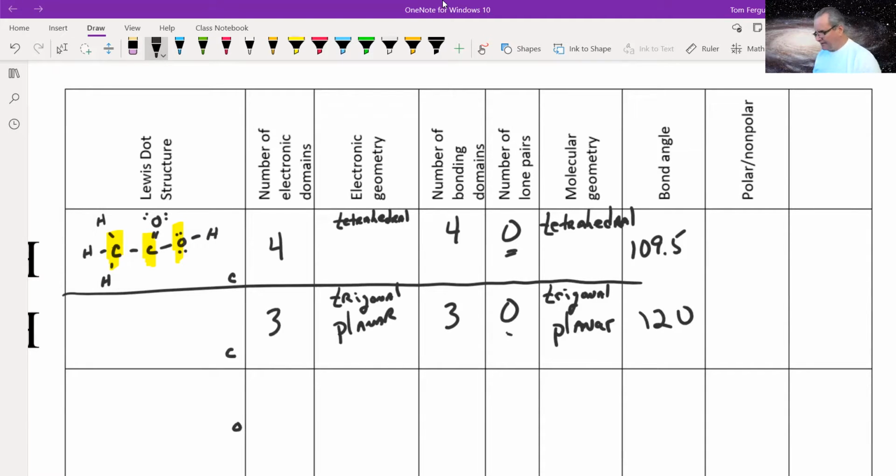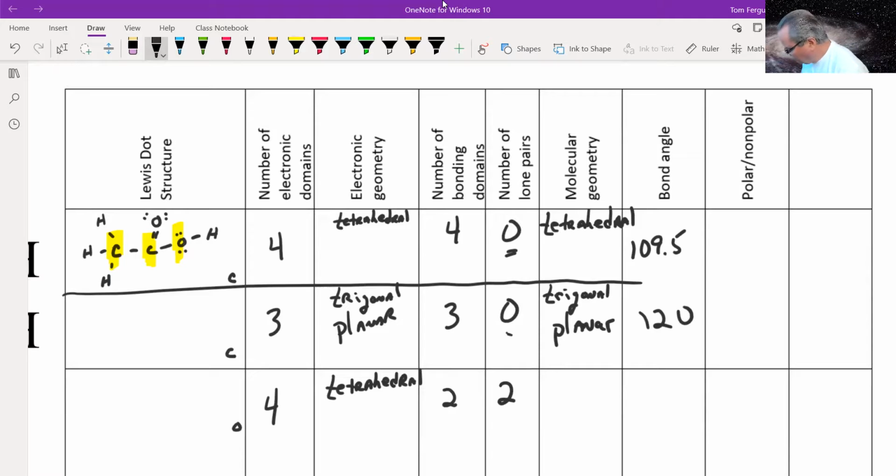Let's look at the oxygen now. The oxygen has 4. That means that's going to be tetrahedral. Bonding pairs is, oh, excuse me, it's 2 and 2 non-bonding pairs.